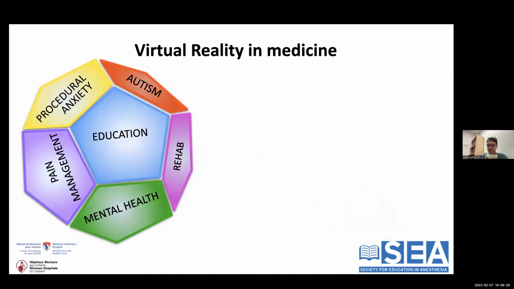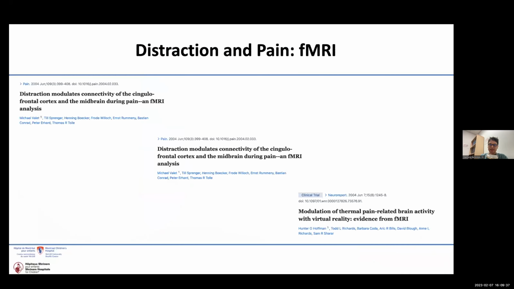I'm going to present very quickly the implementation of virtual reality in medicine. In this case, for example, it was studied to see if distraction can decrease pain. In these studies, they measure pain through a functional MRI.